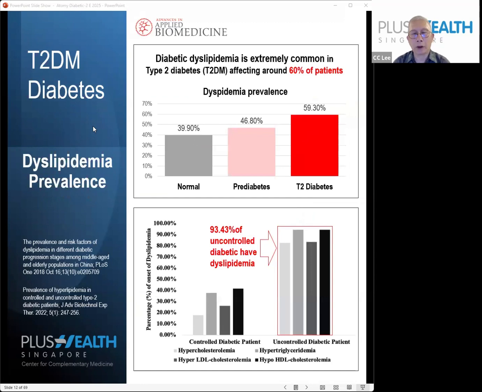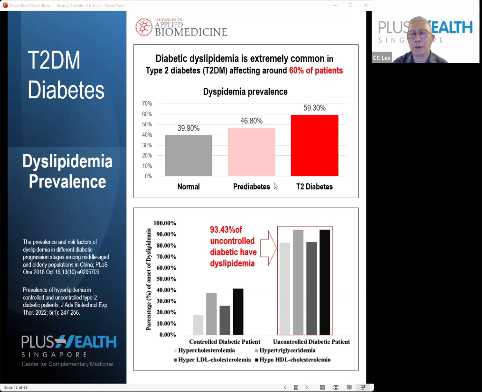Okay, now we talk about why cardiovascular disease is so prevalent and why the cause of death is so much attributed to cardiovascular disease in diabetic patients. The reason is that there is a relationship between diabetic patients and lipid disorder. Lipid disorder is very common in type 2 diabetic patients, affecting around 60% of them.